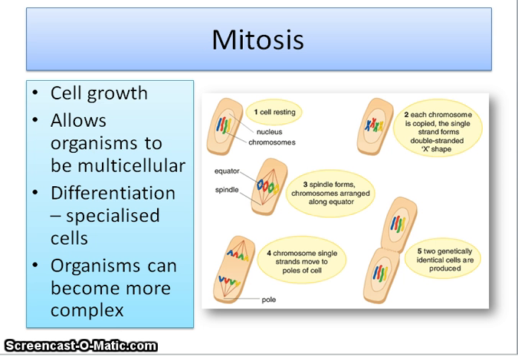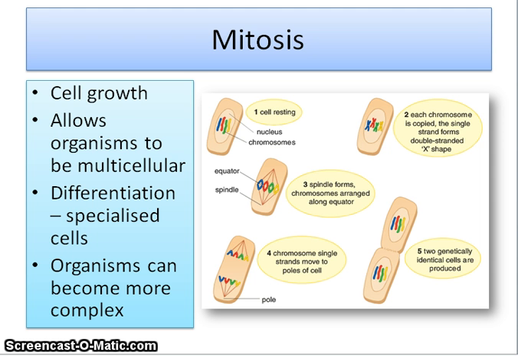Okay, so if we just go back to the process of mitosis then, when each chromosome has made a copy of itself, these duplicated chromosomes line up across the centre of the cell. Then each double chromosome splits into its two identical copies. Each copy moves to opposite ends of the cell. Two new nuclei form, each with a full set of chromosomes. The cell divides into two genetically identical cells.